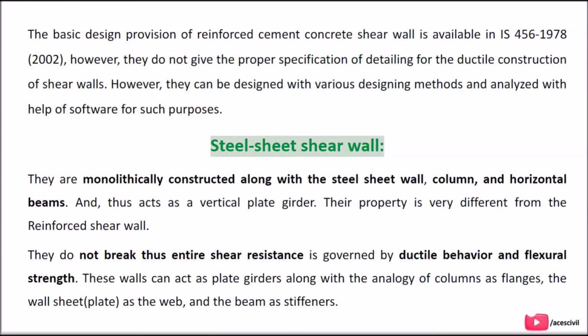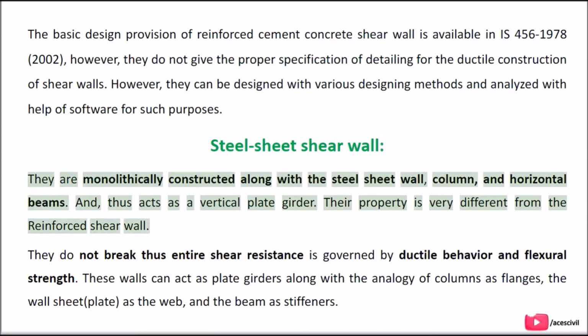Steel sheet shear wall. They are monolithically constructed along with the steel sheet wall, columns, and horizontal beams, and thus act as a vertical plate girder. Their property is very different from the reinforced shear wall.